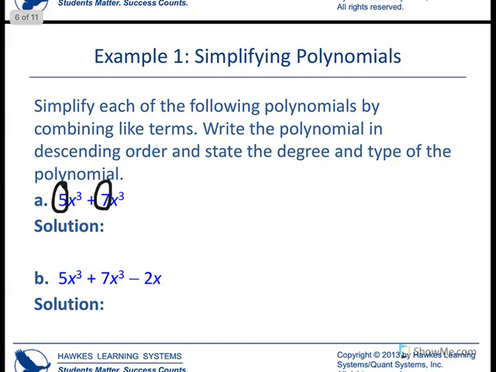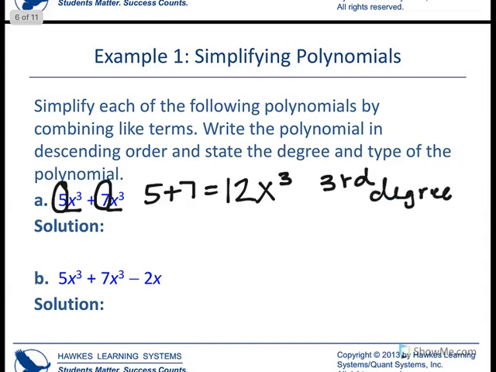What we're going to do is add the coefficients, so it's 5 plus 7, and then the degree would be x to the 3rd power, which is a 3rd degree monomial. That's because you can't combine any of these terms, so it's a 3rd degree monomial.